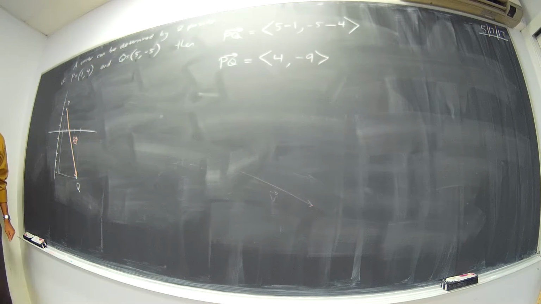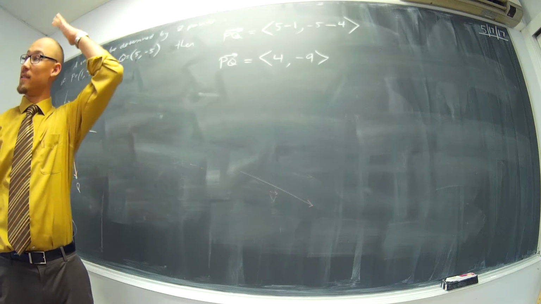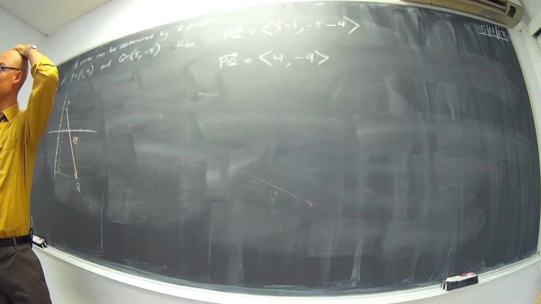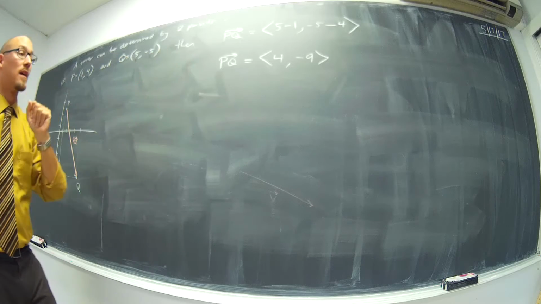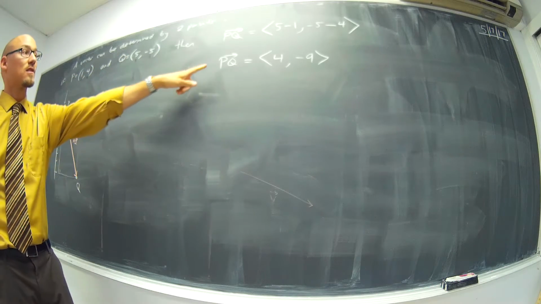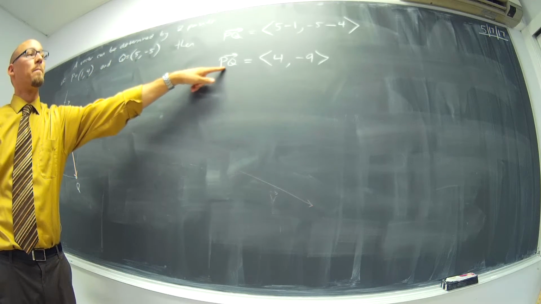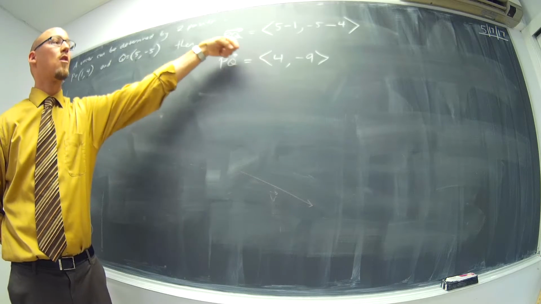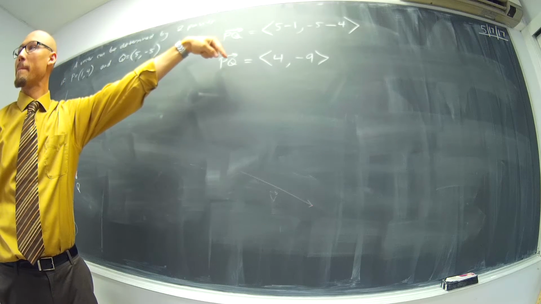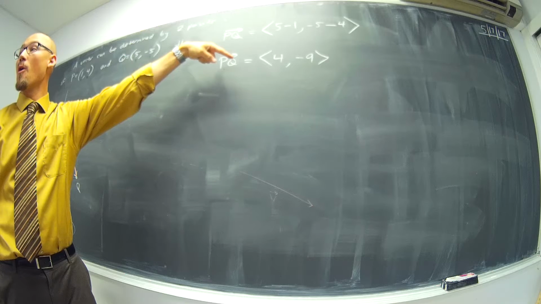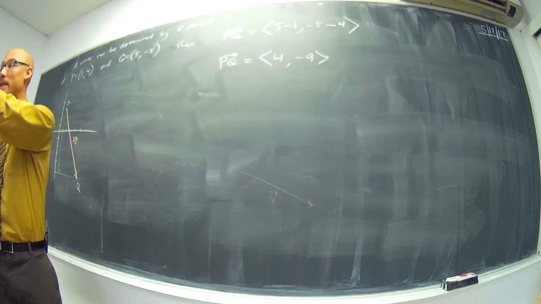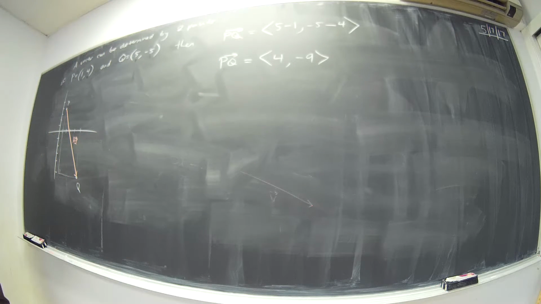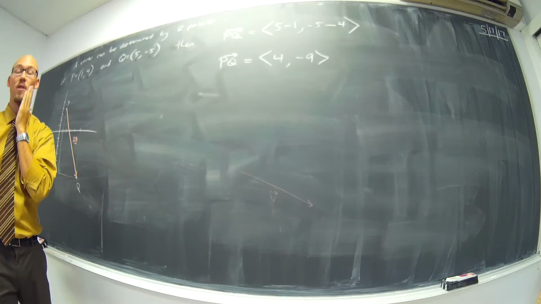4 comma negative 9. And what's that point? Okay, this is gonna bake your noodle. It's over 4, down 9. This vector is just an arrow. I'm gonna answer that question, and hopefully it doesn't give you a nosebleed.